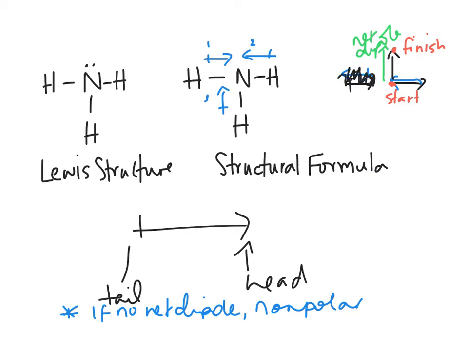So this is our net dipole. You go from the start to the finish. So ammonia is a polar molecule, and it's polar because there's a net dipole. And this is how you show your work.